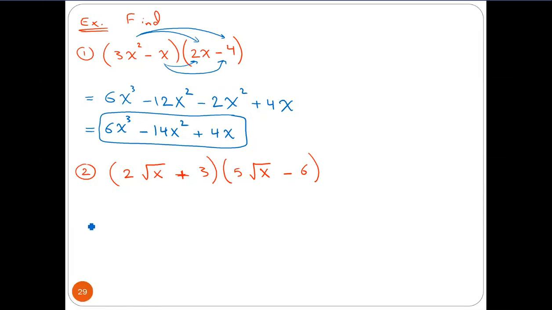This is equal to radical multiply 5 radical.